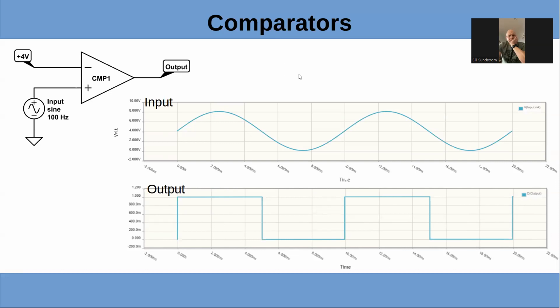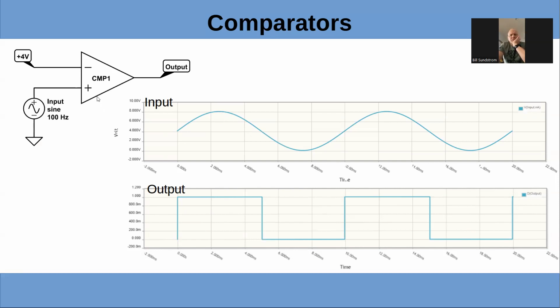And what a comparator does, it takes an analog input, compares it to a reference value, and will generate an output depending on whether it's above or below that reference. So in this simulation, we've got a 4-volt reference signal coming in, and then the sine wave, which looks like 0 to 8 volts.